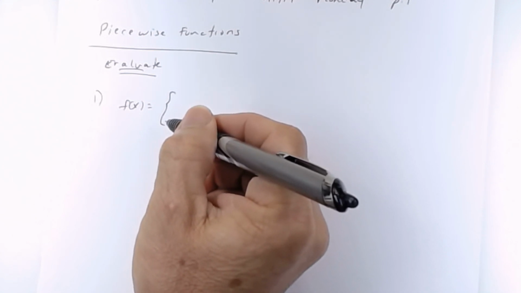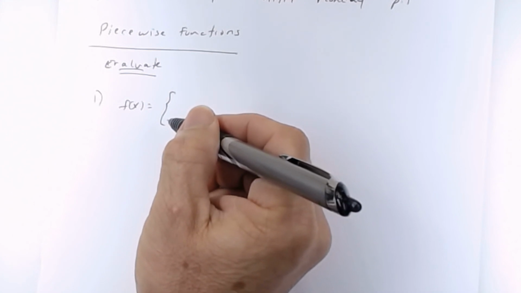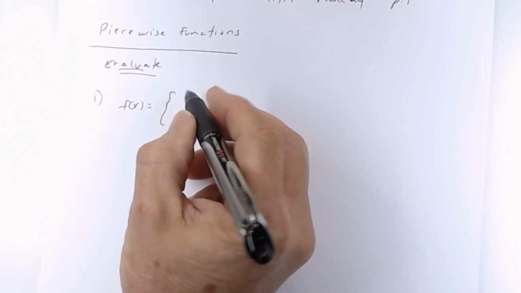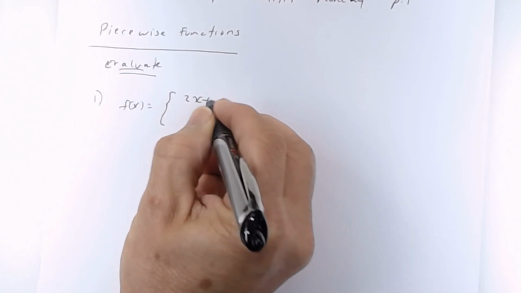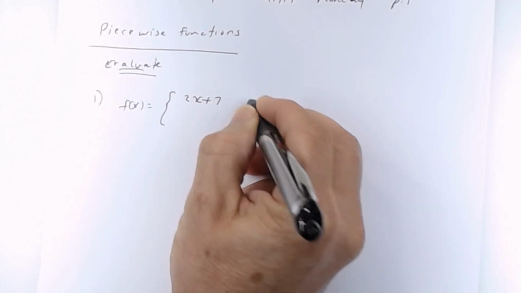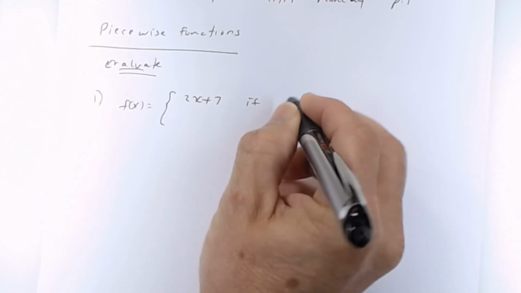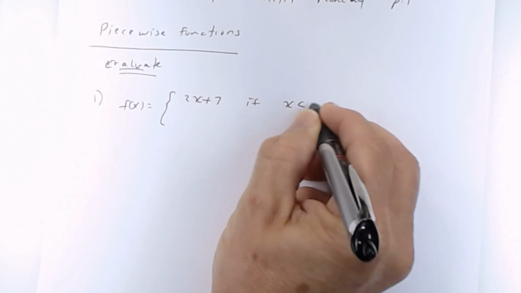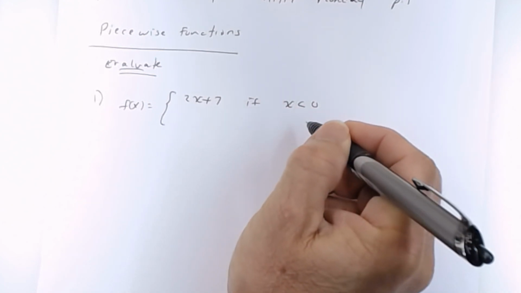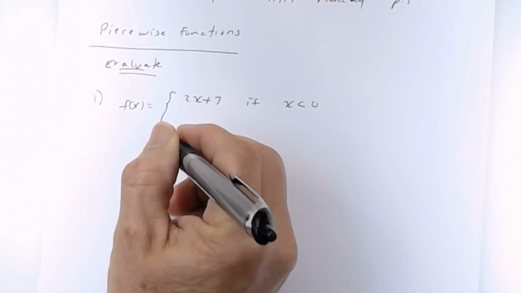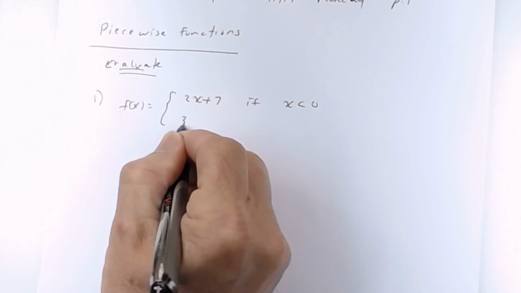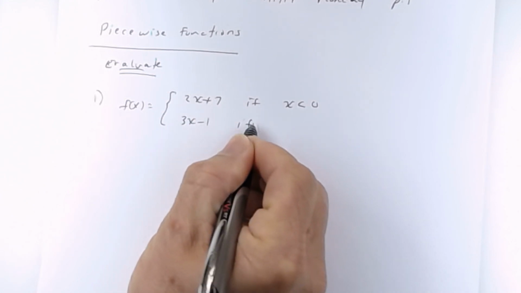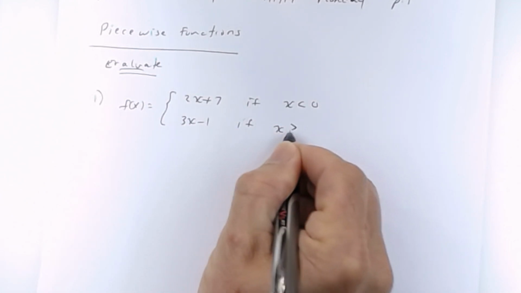In this case, we're only going to look at two, and they're going to be linear. The first one is f of x equals 2x plus 7 if x is less than 0, and we'll explain what that means. And the other piece of this function will be 3x minus 1 if x is greater than or equal to 0.